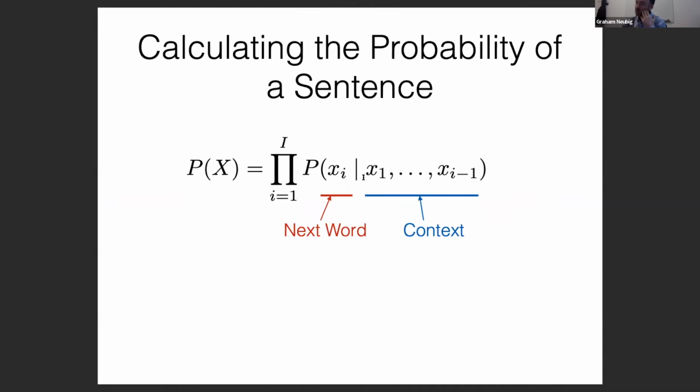These are also called by a variety of names. One name is an autoregressive language model, where basically that means we're predicting the next word given the previous words in some order. Specifically, when the words that you're predicting from all come to the left, they're also called left to right language models.